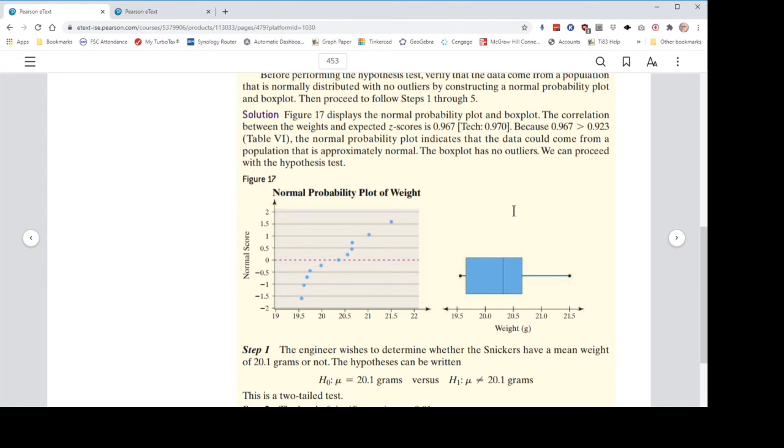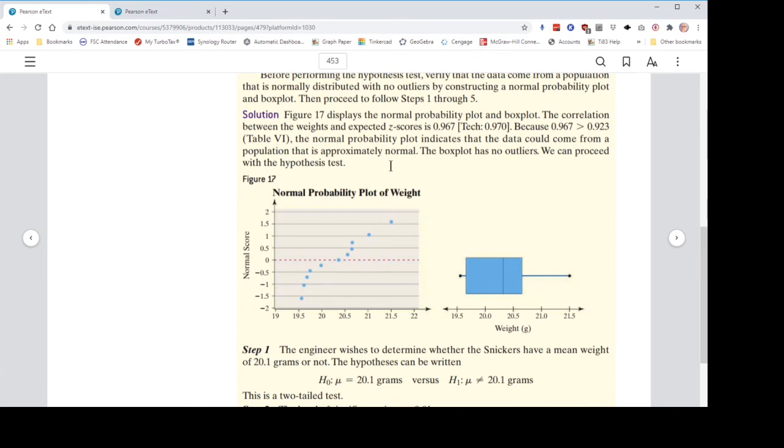Then you would be given the normal probability correlation test, which is coming up as 0.967, which is a positive linear correlation. Whether or not it's significant is going to depend on the critical value for a sample size of 11. And in your book, that is table 6.